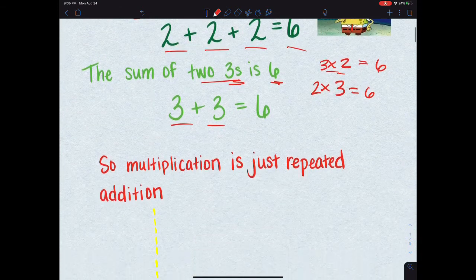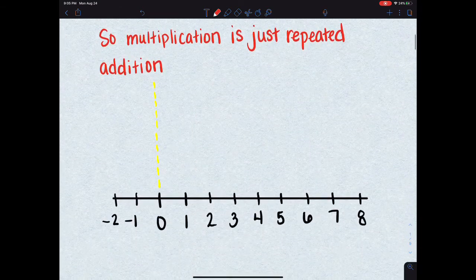And you can think about it the way we did with addition and kind of put it on a number line. And they kind of go over how you would do that. So if you wanted to explain 3 times 2 on a number line, how would you do it?